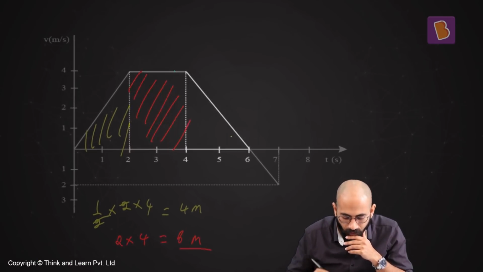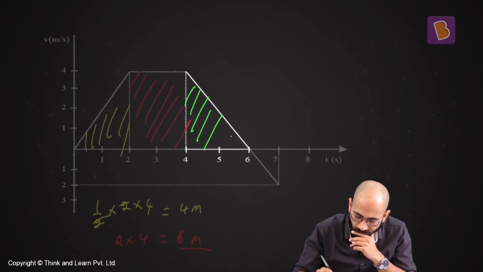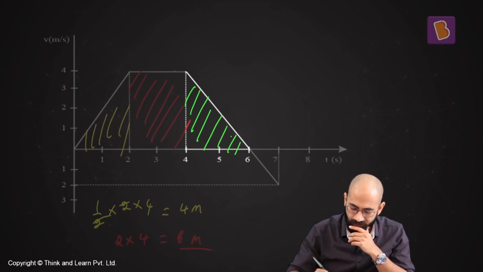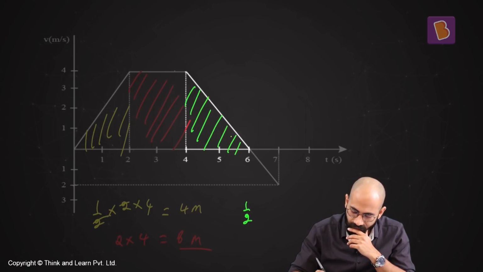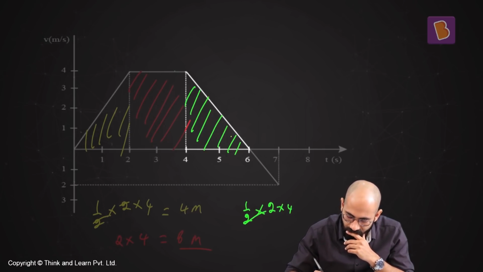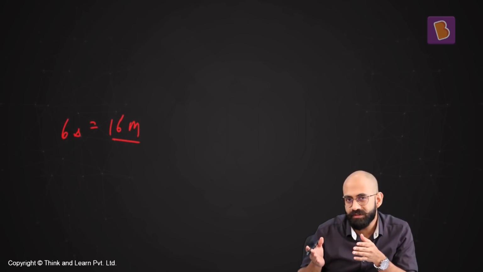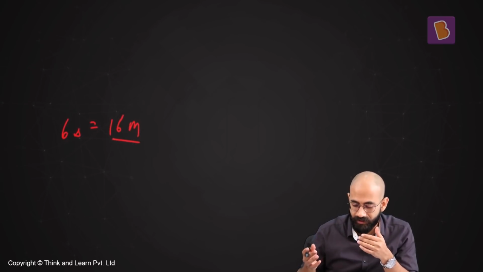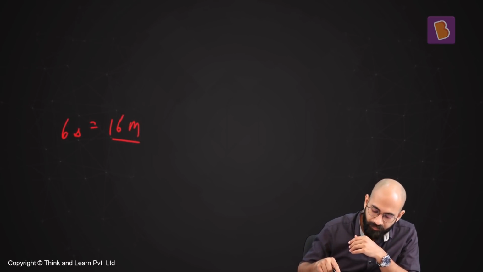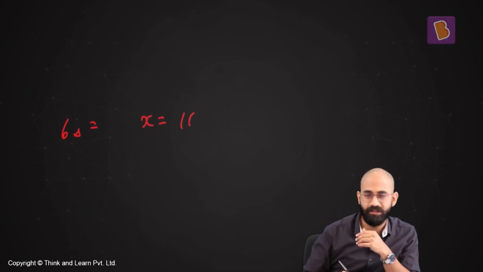Now from 4 to 6, let's take this. Now that displacement will be half into 2 into 4 again, which is 4 meters. The total distance traveled is 16 meters, and its position is plus 16. So x is equal to plus 16.